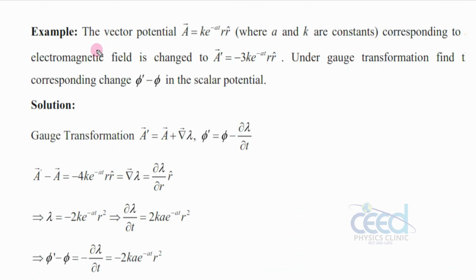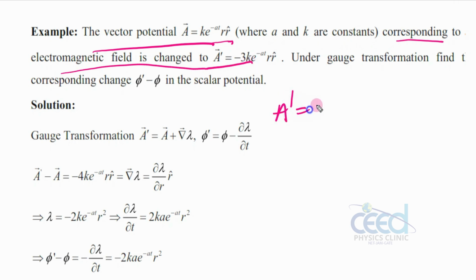See, the vector potential A is equal to k e^(-at) r cap. Now corresponding to the electromagnetic field change, A dash is equal to A plus alpha, we studied. Now what is A dash?